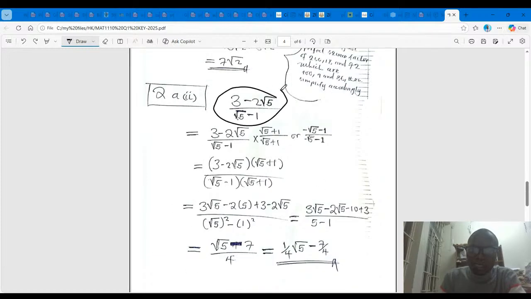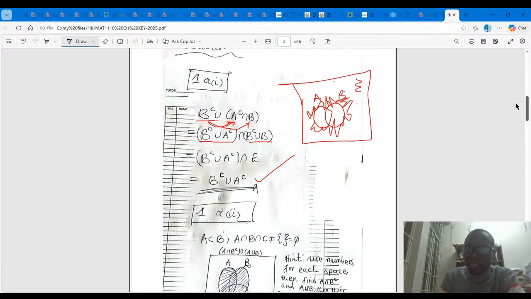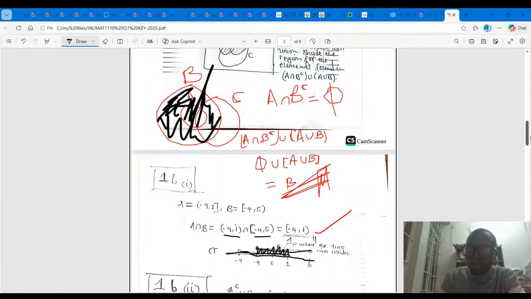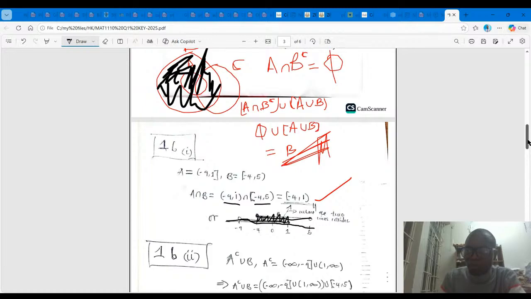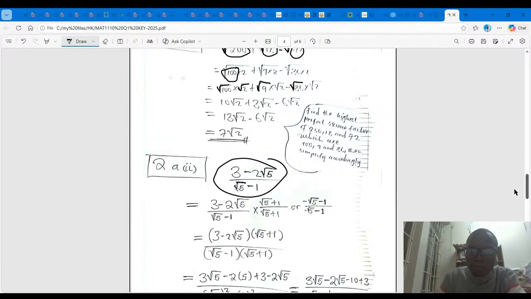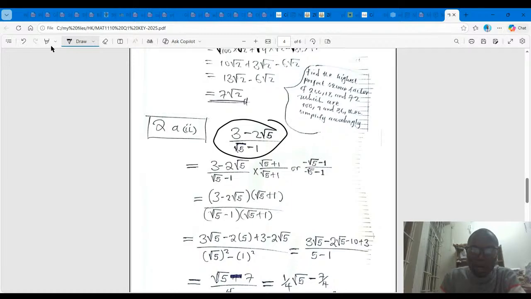This one says we have to rationalize, or we have to write the answer in the form a plus b root 5. Okay, so a plus b root 5. So that should be easy because we just have to multiply by the conjugate of the denominator.